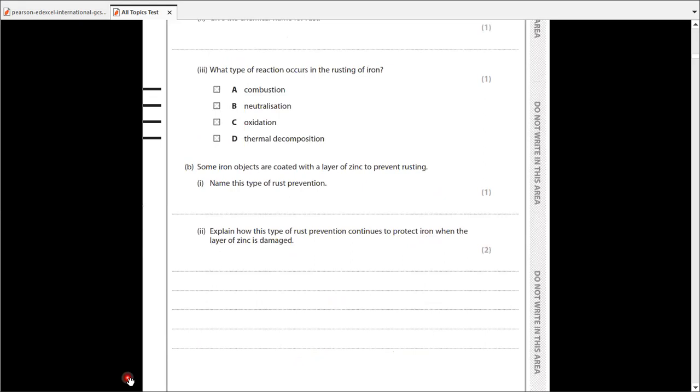So moving on. Explain how this type of rust prevention continues to protect iron when the layer of zinc is damaged.